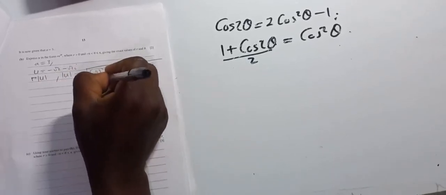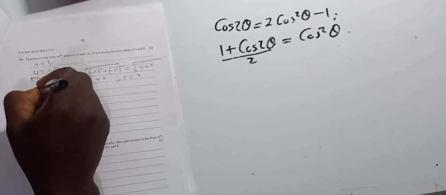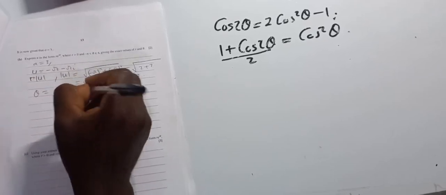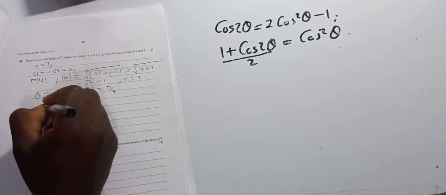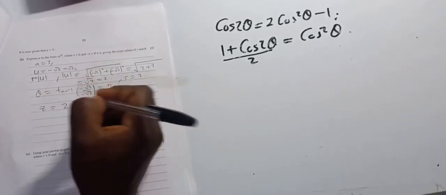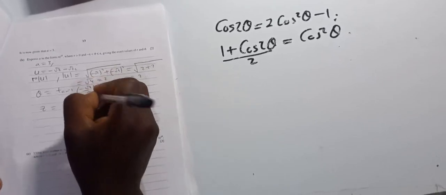So this is the square root of 2 plus 2, which is the square root of 4, which is 2. So r equals 2. Now theta equals the tan inverse of minus root 2 over minus root 2, which is tan inverse of 1, which is pi over 4. So it means u equals 2 e to the power pi over 4 i. So this will be our complex number, and I hope it's clear.